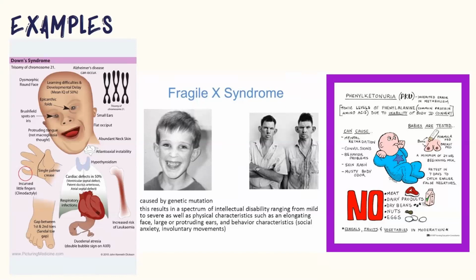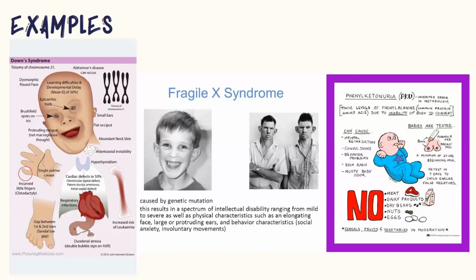The second most common cause of ID is an X-linked single gene disorder called Fragile X syndrome. In Fragile X syndrome, they are characterized by moderate to severe intellectual disability.